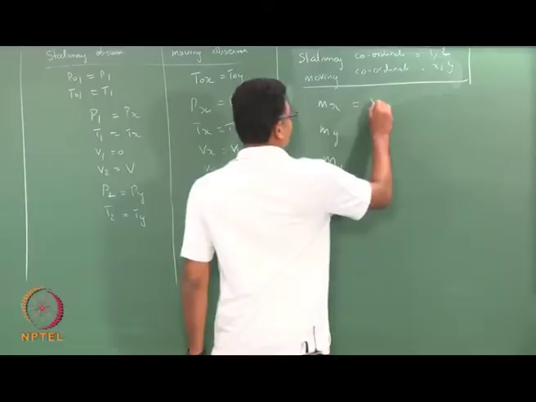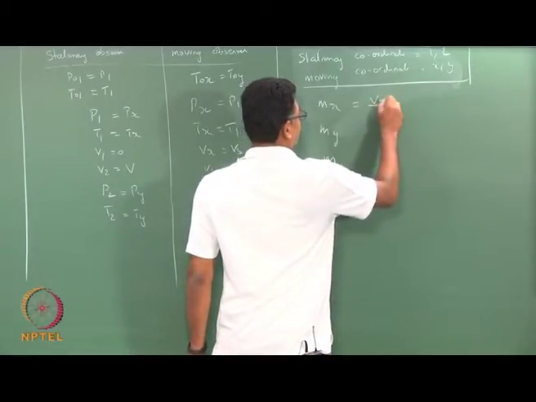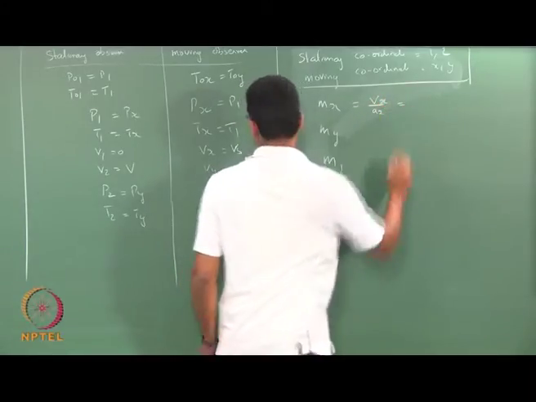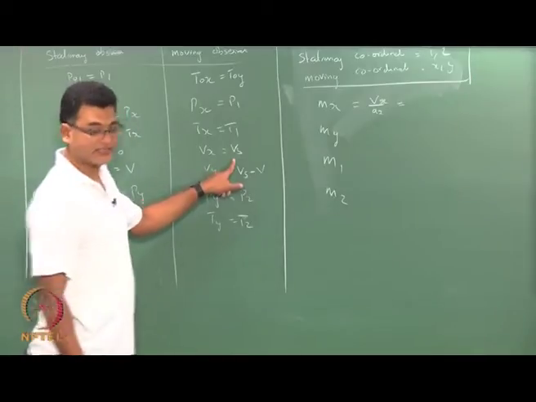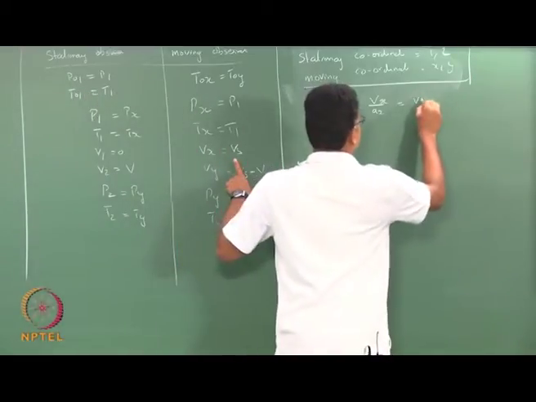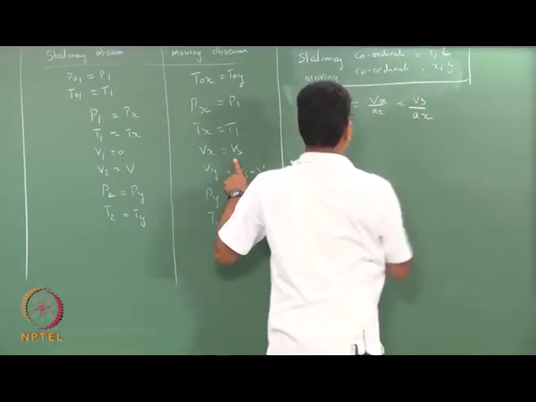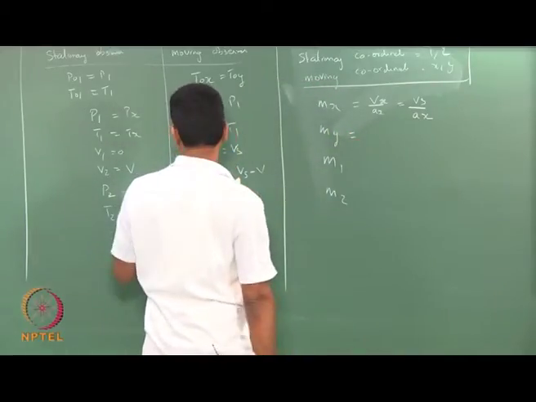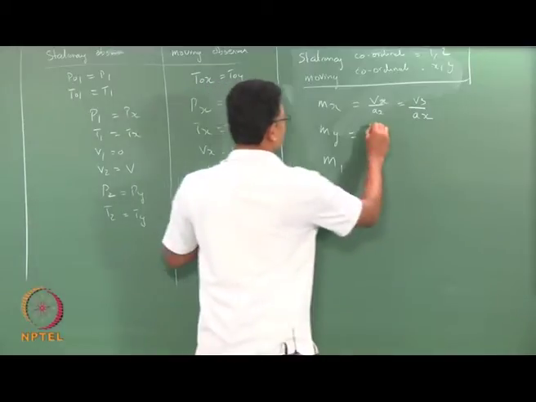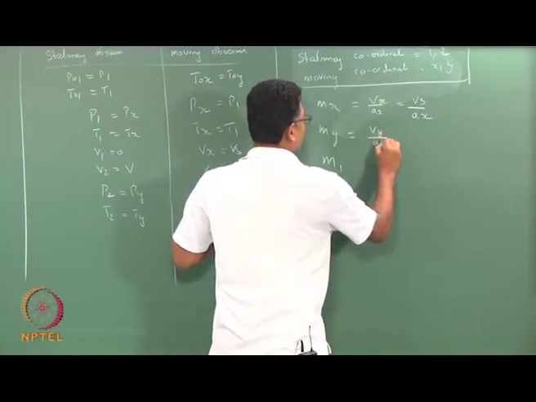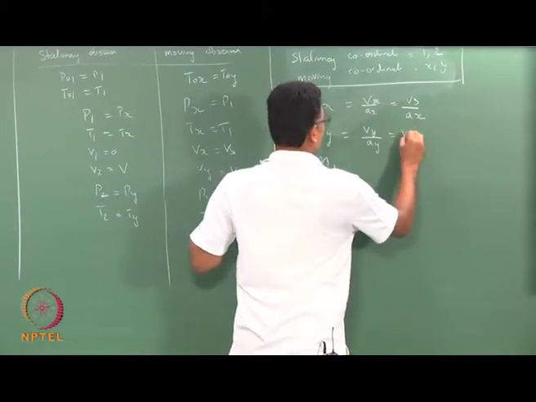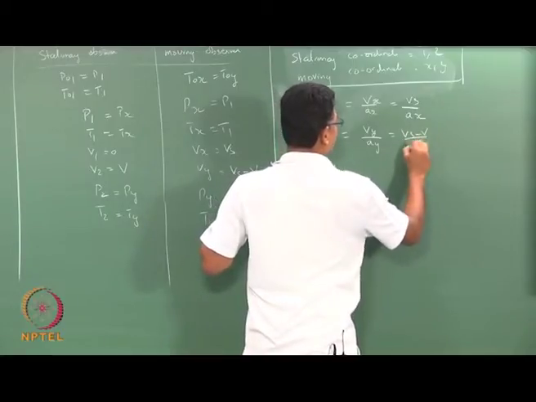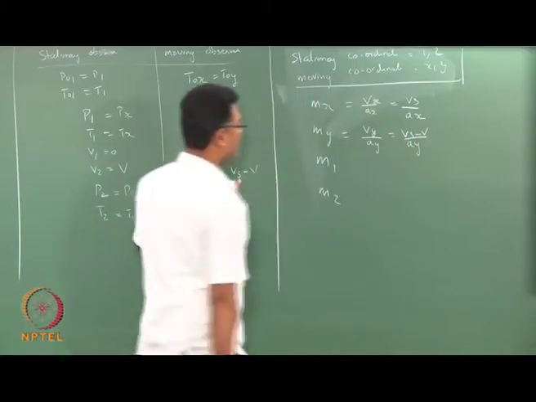So, we define Mx as Vx by Ax, Vx is Vs. So, I would write Vs by Ax, and My is Vy by Ay, which is Vs minus V by Ay.